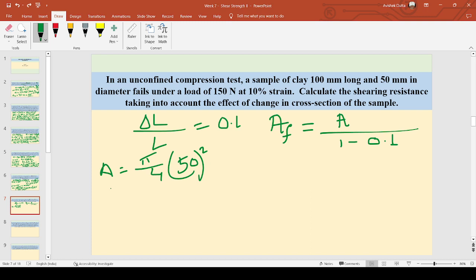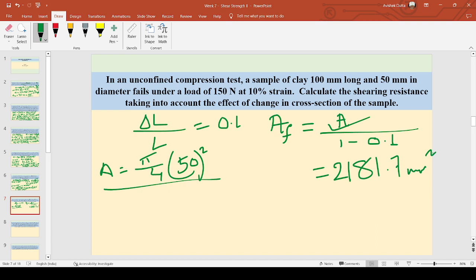You put the entire thing in this equation, and then the value of the changed cross section area after failure is 2181.7 mm square. Now you have to find out the shearing resistance or the shear strength.